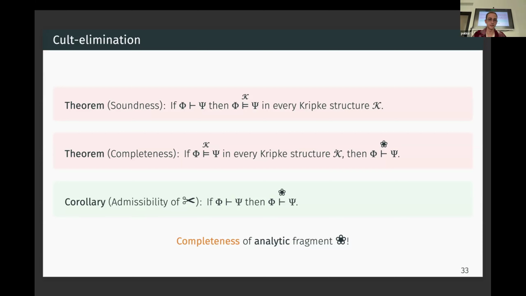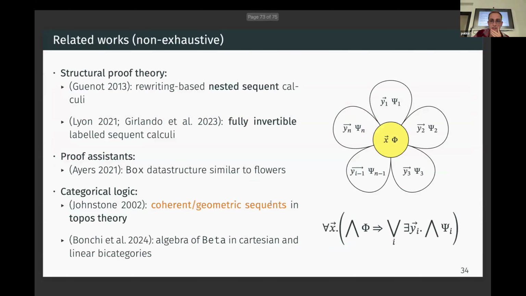So in the end, composing soundness and completeness, this gives me this admissibility of the cultural rules, which means that I have a complete analytic fragment of the system, which is a kind of cut elimination. And that's it for my talk.